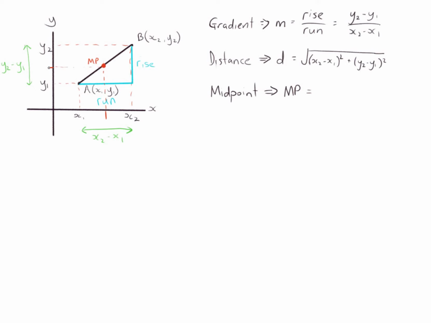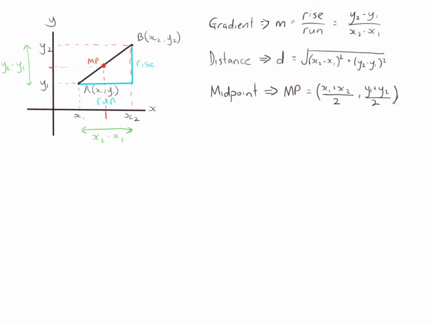So how do we find the average of x1 and x2? Well, like we find the average with anything, we add them all up and divide by however many there are. And here there's just 2 points, so we're adding x1 and x2 and dividing by 2, and the y coordinate for the midpoint we find by adding y1 with y2 and dividing by 2. So there's a little review from Year 9 for gradient, distance and midpoint.